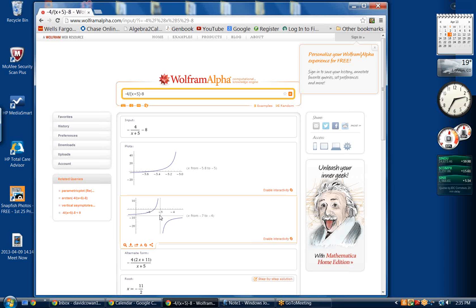The only question is why is this x-axis labeled the way it is on Wolfram Alpha? Why are these negative numbers? This makes it look like, you see what I'm seeing here?